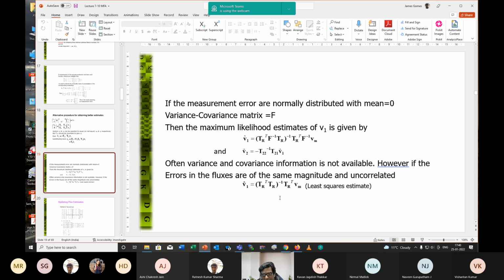That will give you a least squares estimate of V1. So you could use the extra information present in the set of equations to compute a better estimate of V1, which are the calculated components.